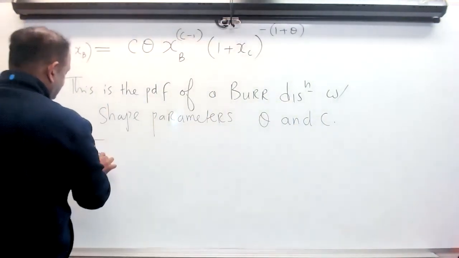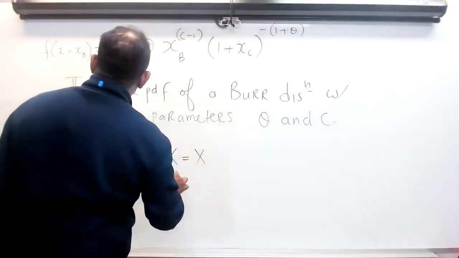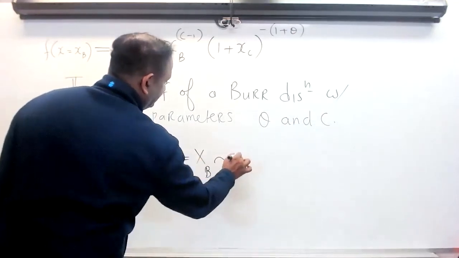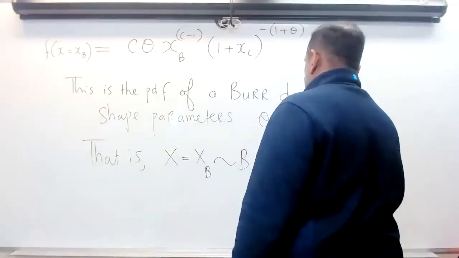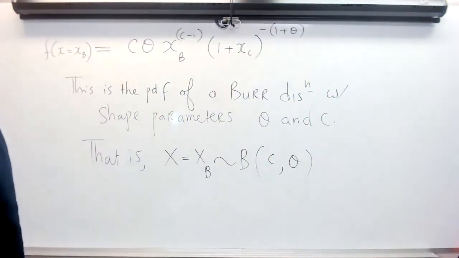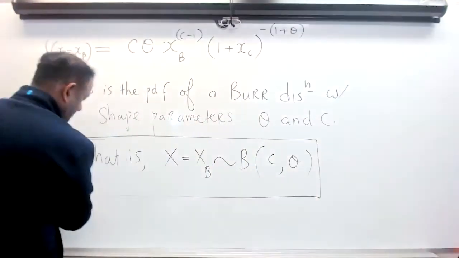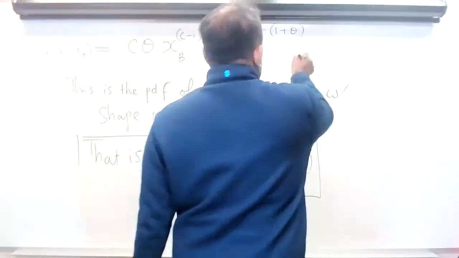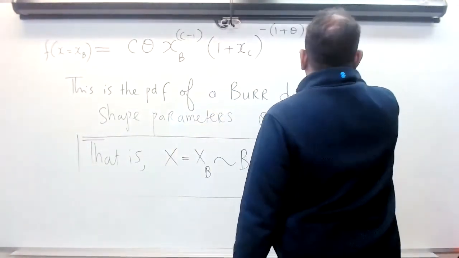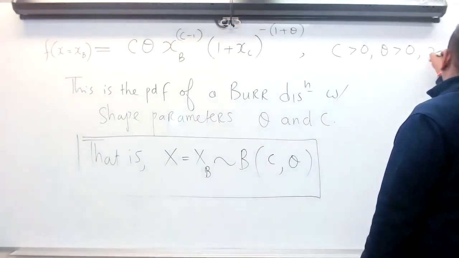At the end of the day, whether x or x b doesn't matter. It's distributed as Burr with c and theta. Here you can remember c positive, theta positive, x equals x b positive.